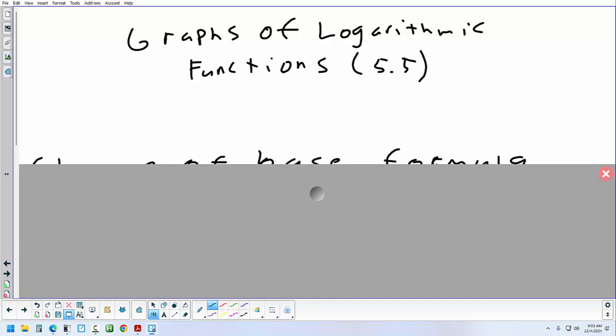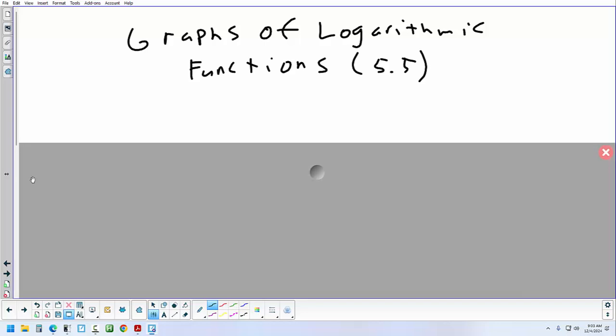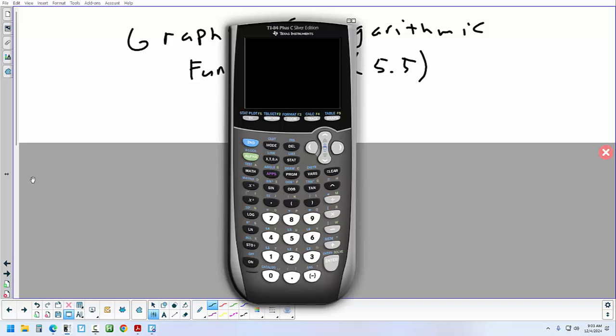But the last thing we haven't looked at is how do we type in a log in the calculator that's not one of the bases that it has buttons for, and how do we do transformations? So what are the 2 bases that we've talked about that the calculator has buttons for?